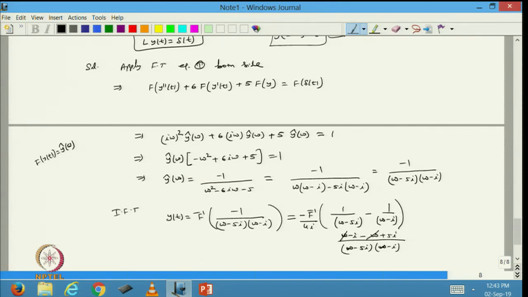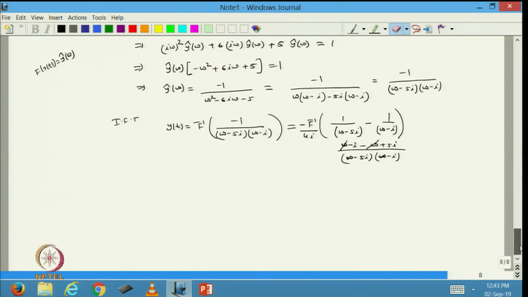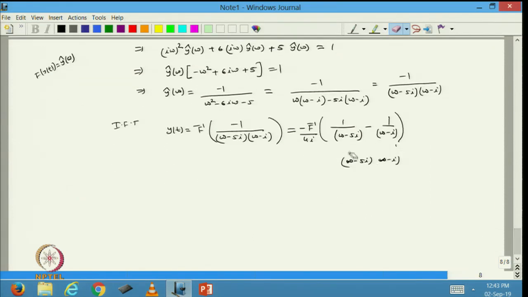So, this will cancel out, this will be 4I, and 4I will cancel out and we will get the same value. Okay. So, that is verified now.